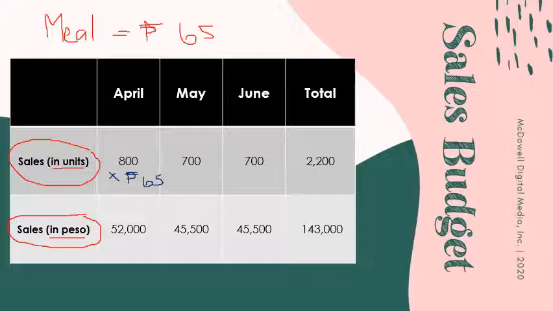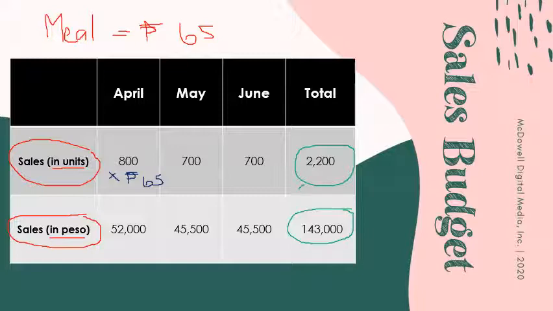So, in total, you have here 2,200 number of units. So, sa loob ng April, May, and June, you have here 2,200 number of units. And magkano yung nabenta mo? So, nakabenta ka ngayon ng 143,000. So, meron kang sales in peso which is 143,000.